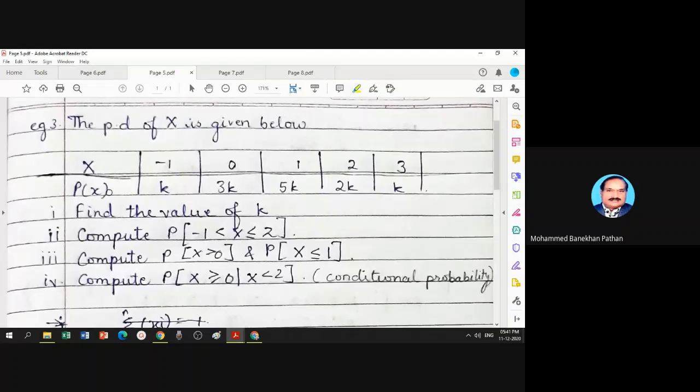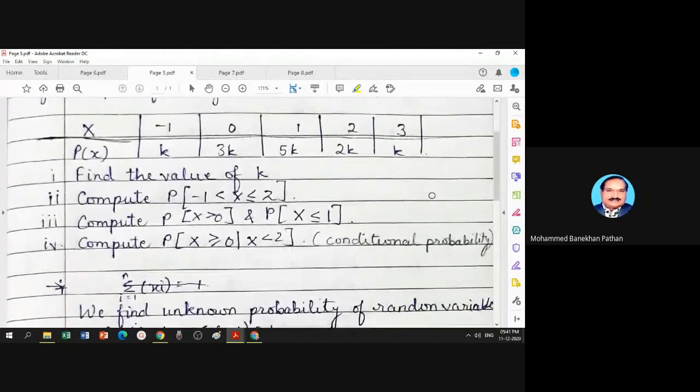Corresponding probabilities are given in terms of an unknown constant k. So for -1, probability is k, for 0, 3k, and so on. First natural question on the topic is: find the value of k. That means for which value of k this table will represent a probability distribution.